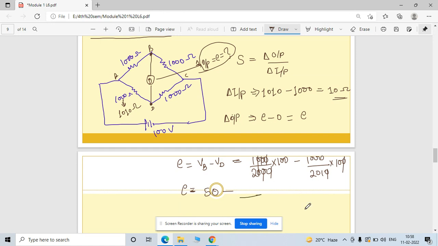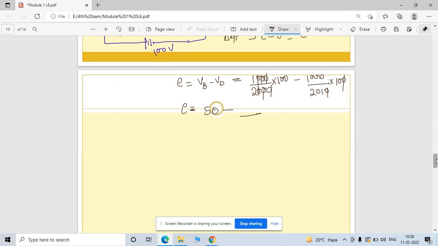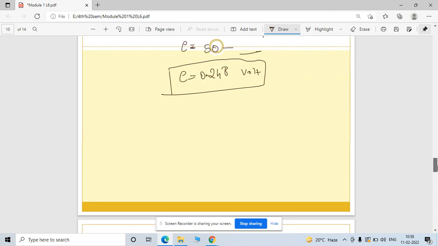Now the E value which I have is 0.248 volt. So this is your E value.